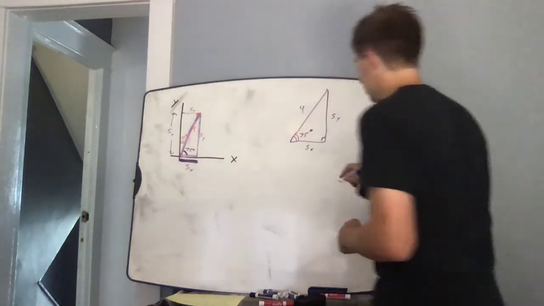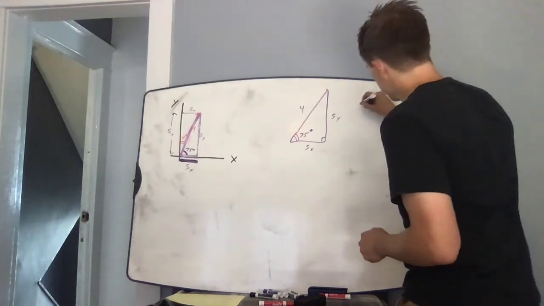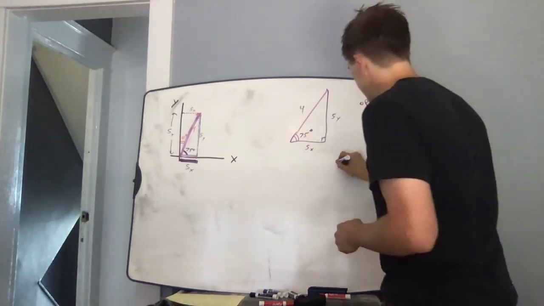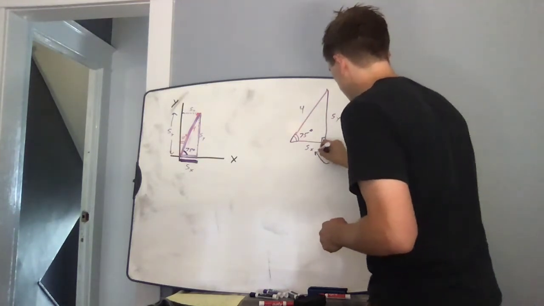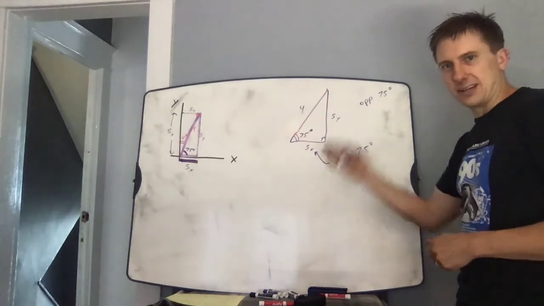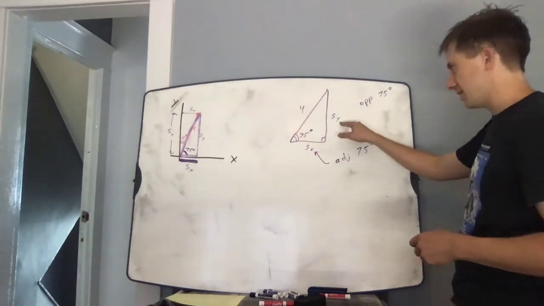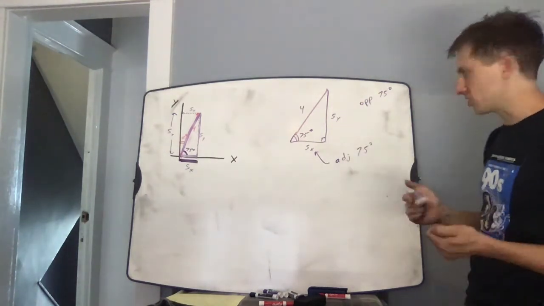Here's my right angle. Based on how I drew this picture, this side is opposite 75 degrees. This side is adjacent to 75 degrees. Notice adjacent is now my x and opposite is my y. When we were considering 15 degrees, it was reversed.